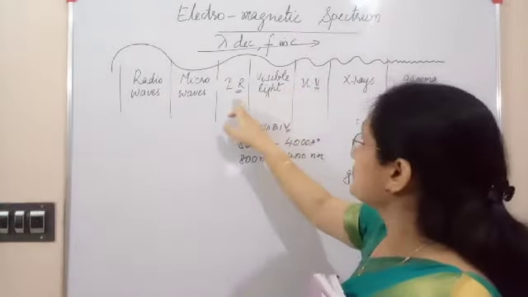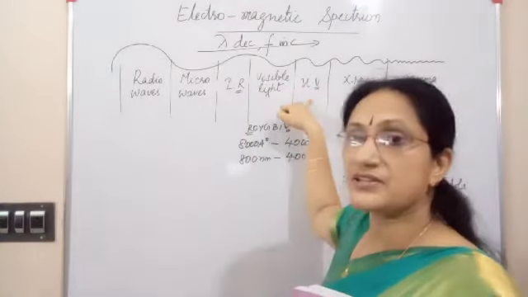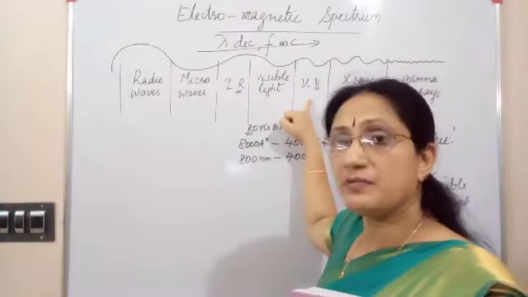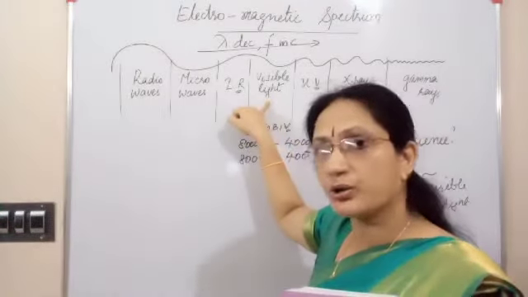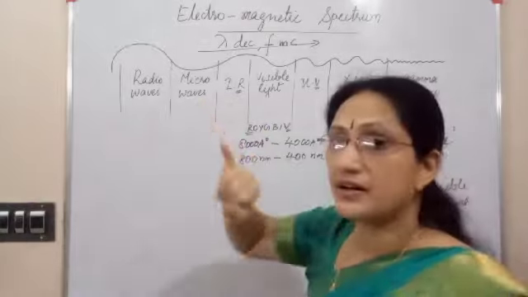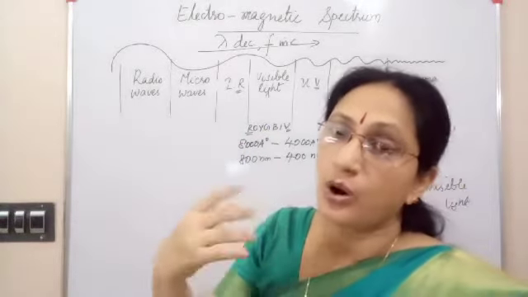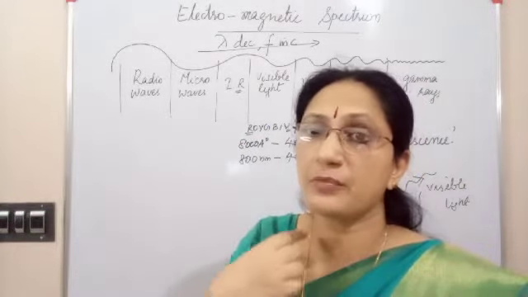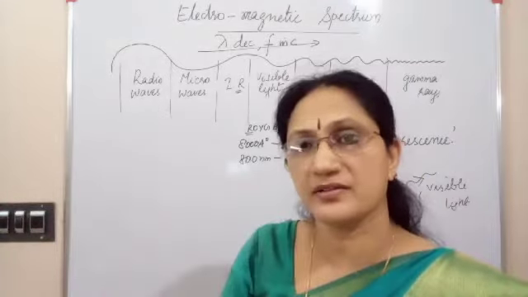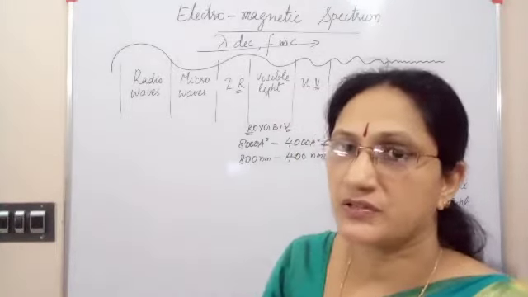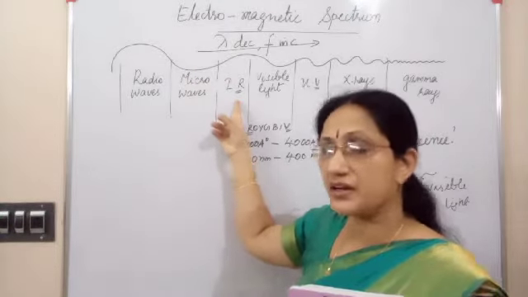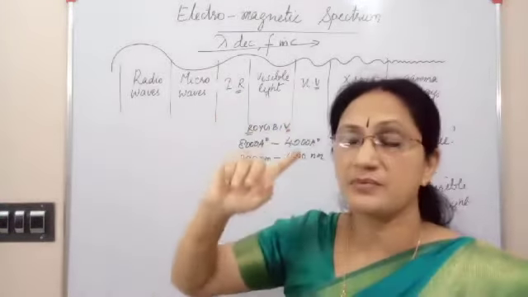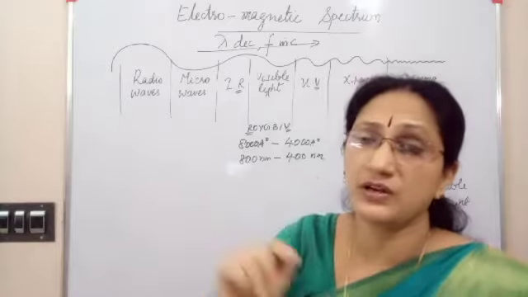Remember, in these three cases, ultraviolet radiations are emitted by very, very hot objects, and visible light by hot objects, and infrared radiations are emitted by all types of hot objects. Even from the human body, some infrared radiations are coming out. So any hot object can emit infrared radiations, but ultraviolet radiations can be emitted only by very, very hot objects.